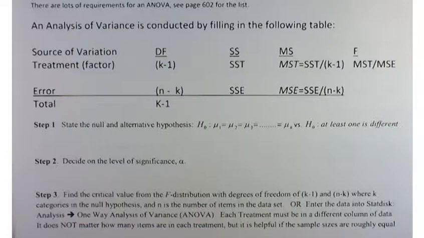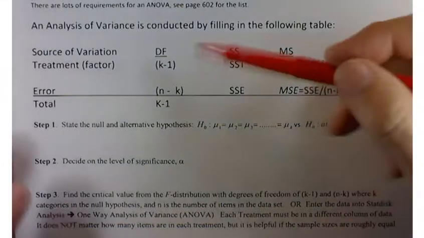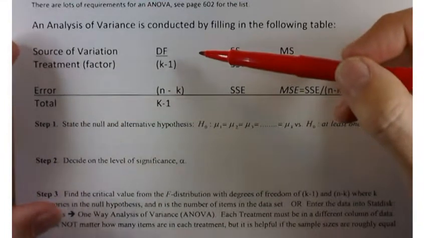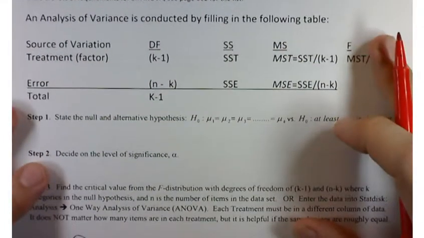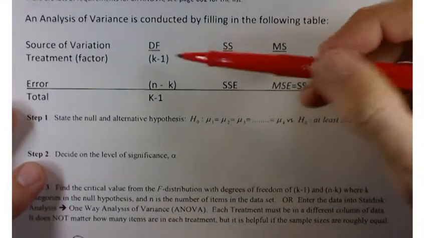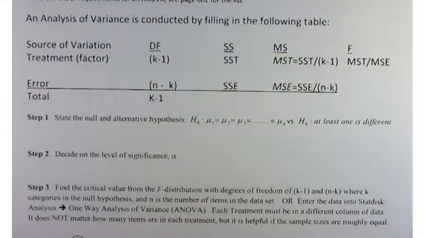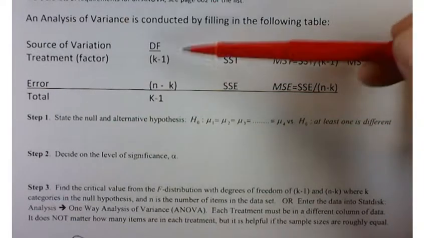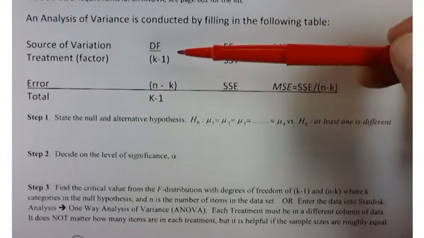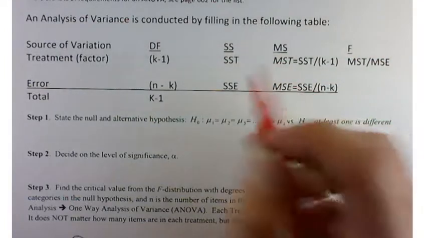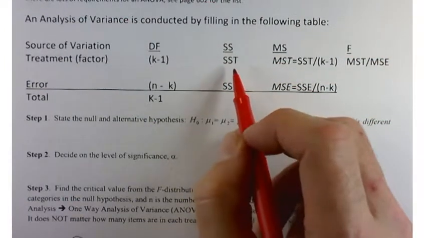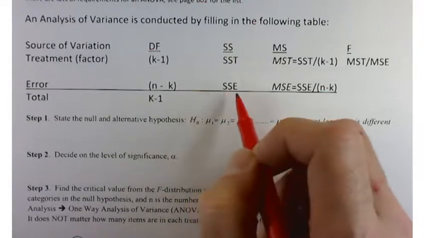Briefly, the way this works is you set up an analysis of variance table. And again, this is something they may or may not ask you to fill out. But what happens in the analysis of variance table is you look for sources of variation. And you compare the variation within a group to the variation outside the group. You have what's called the treatment sum of squares and the total sum of squares.